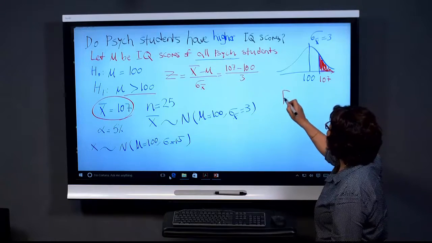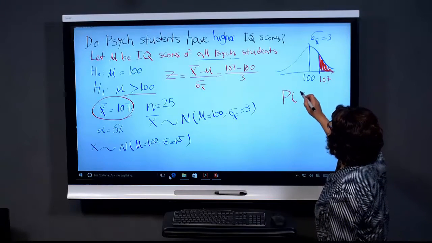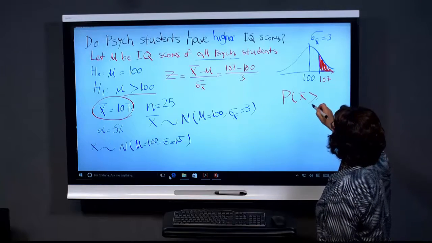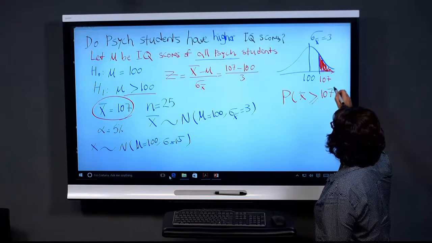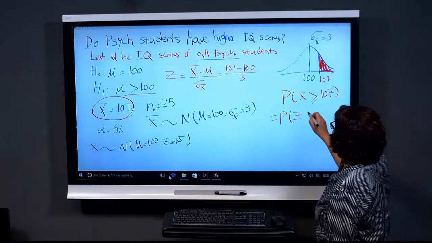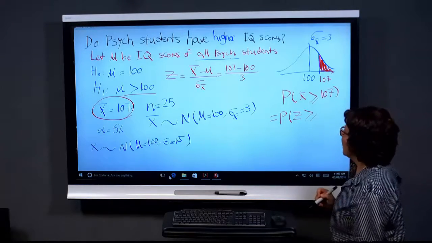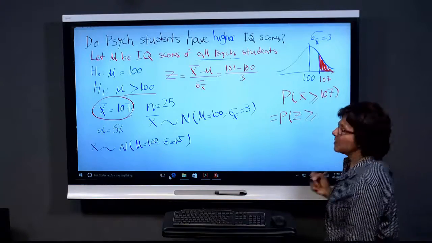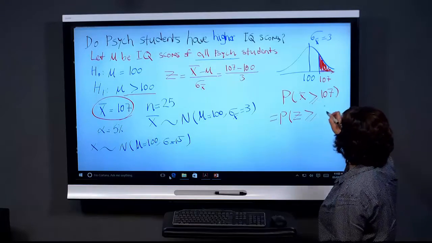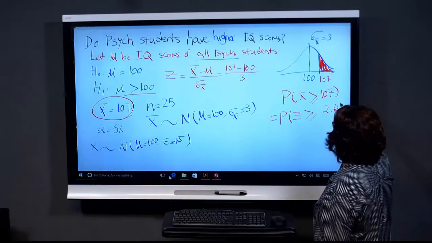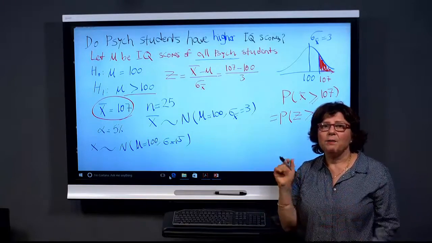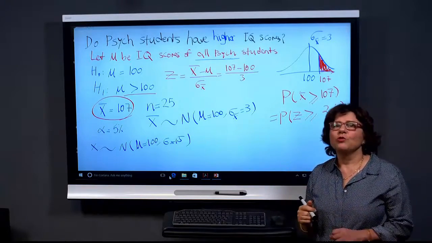So p-value is the probability of x bar greater than or equal to 107, which would be the probability of z greater than or equal to 7 divided by 3, which would be 2 point something, okay? And 2 point, I think it's 6.5. All right, so this would be the p-value method.